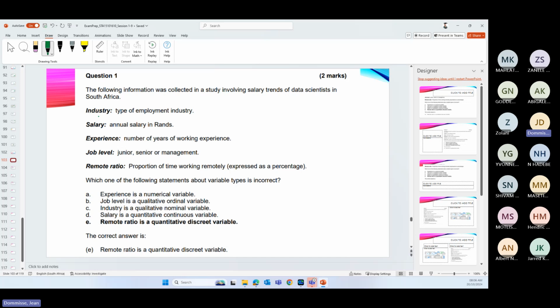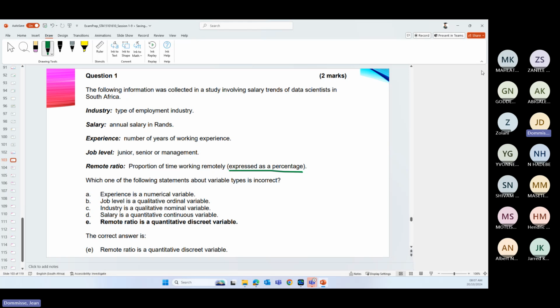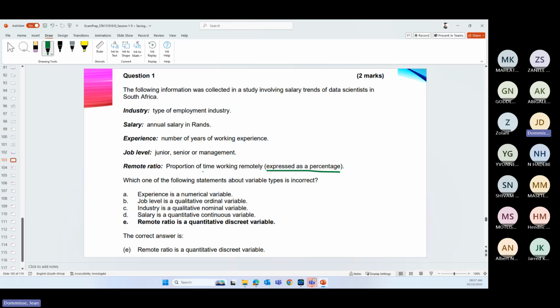The following information was collected: industry is the type of employment, salary is annual salary in rands, experience is the number of years, job level is junior, senior, or management, and remote ratio is the proportion of time working remotely expressed as a percentage. Okay, so let's see. I ask which one of the following statements about variables is incorrect.